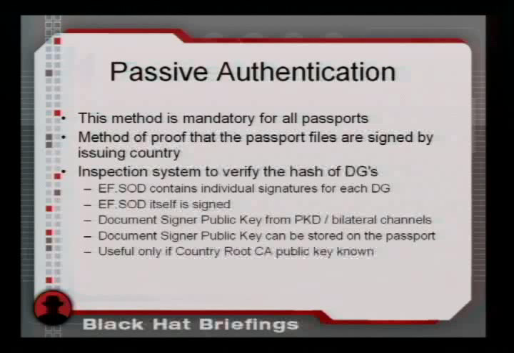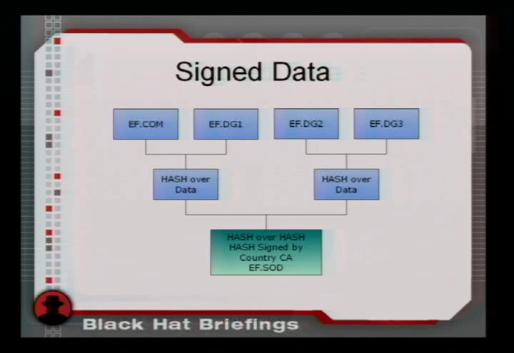The document signer public key comes from the PKD or bilateral channels, and the document signer key can be stored directly on the passport. Useful if the country root certifying authority is publicly known. So this is the structure. They are building hashes over each data group. All these hashes are stored and also hashed in an EF-SOD, and the EF-SOD is signed by the issuing country certification authority.